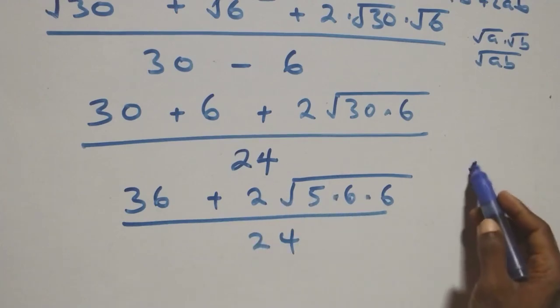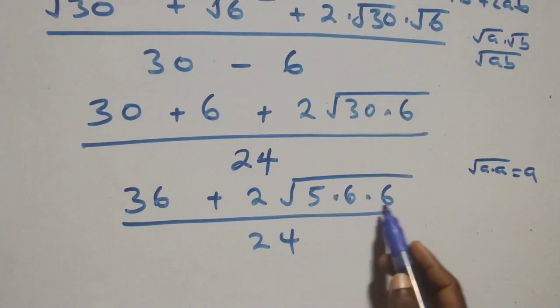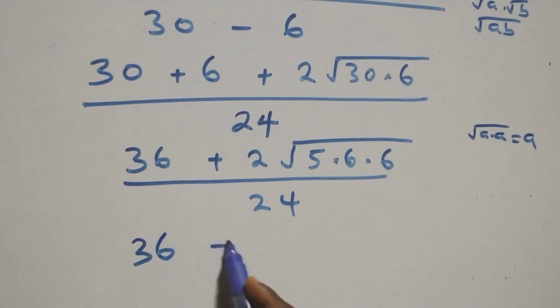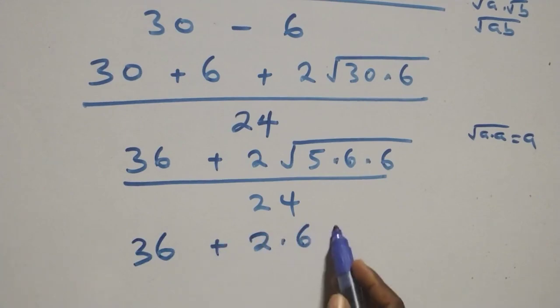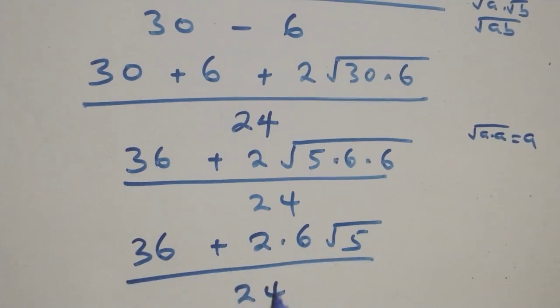Then, when we have root a times a, the same thing as a, root 6 times 6, that's 6, we take 6 out. At this here, we have 36 plus 2 times 6, then we have root 5 left over 24.